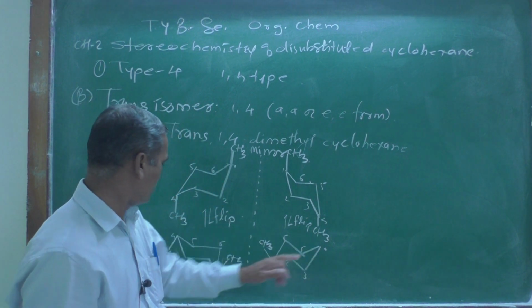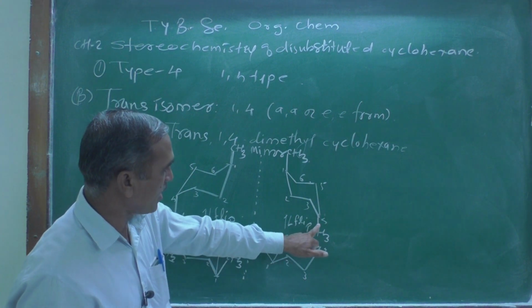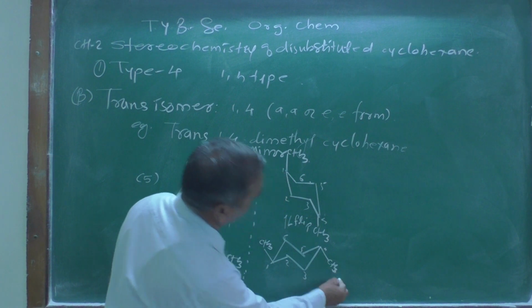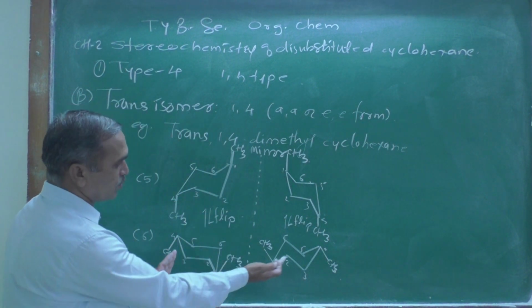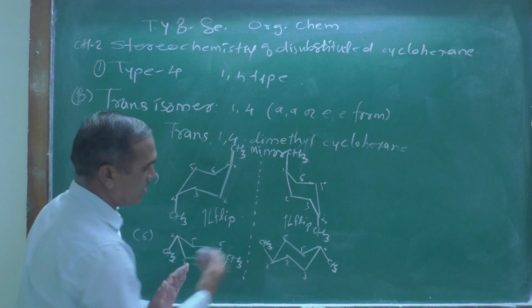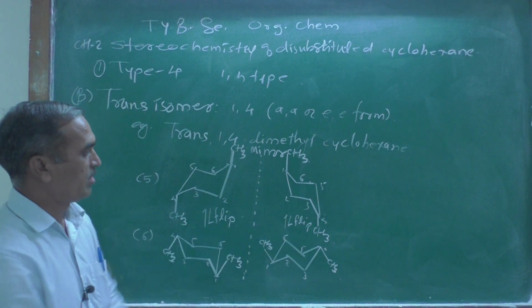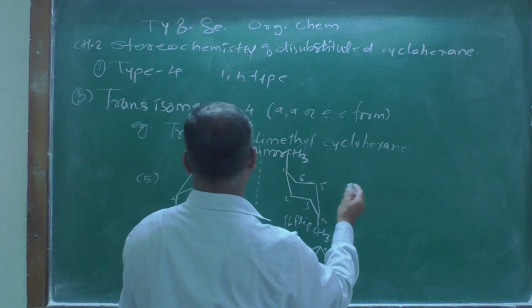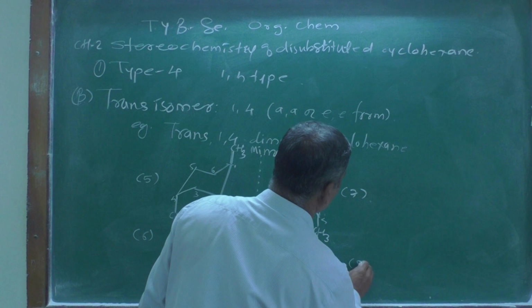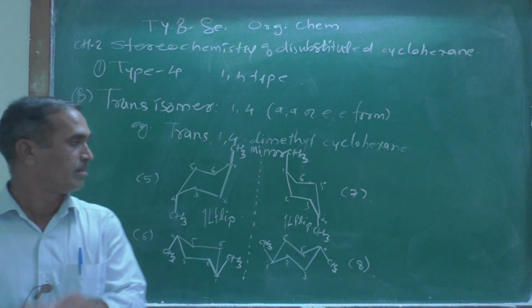At the 4 position, the axial group becomes equatorial, right? If you look at this structure carefully, it is the mirror image of this compound. Now you can call it structure number 7, and this one structure number 8, right?